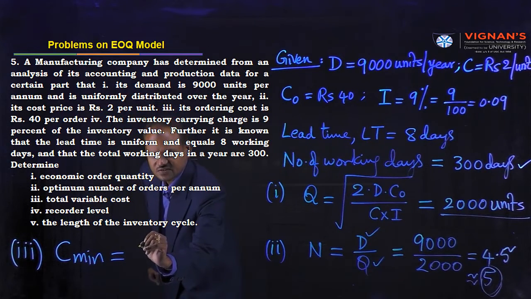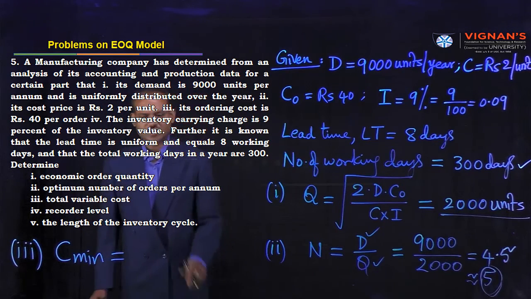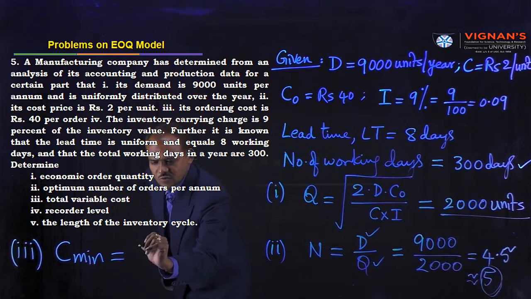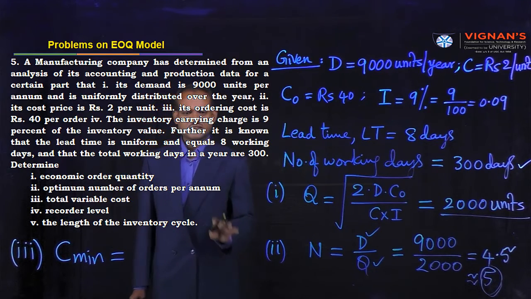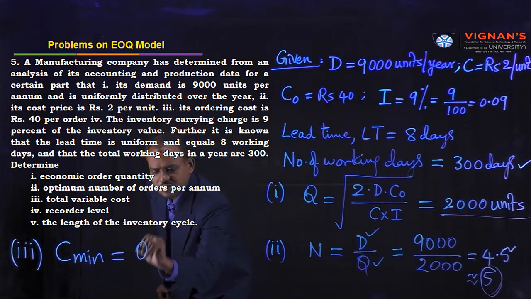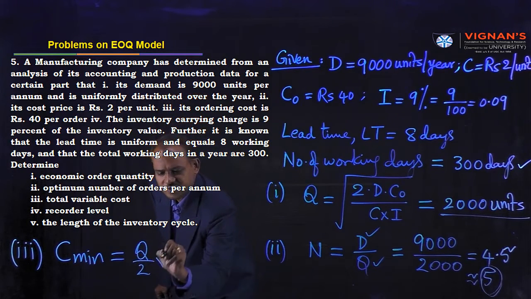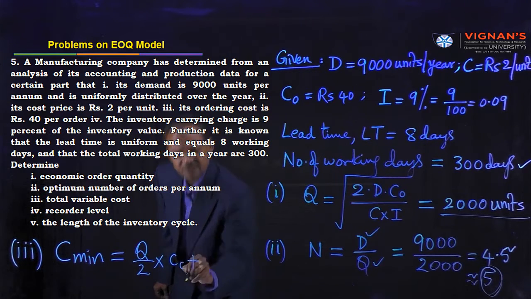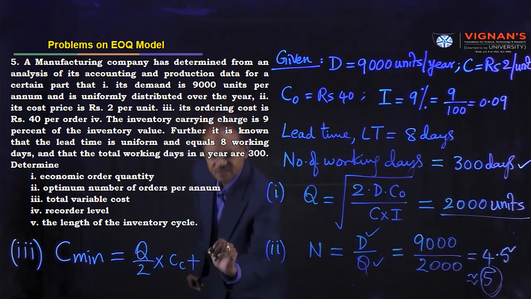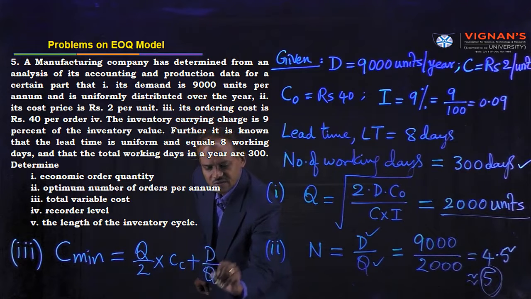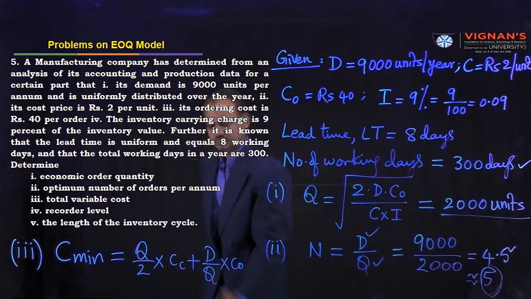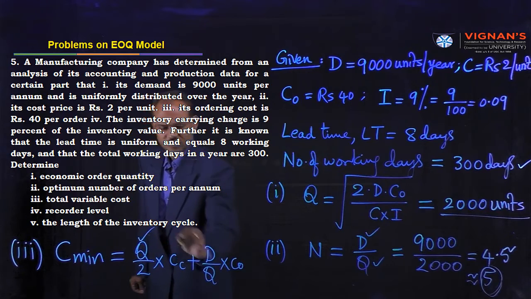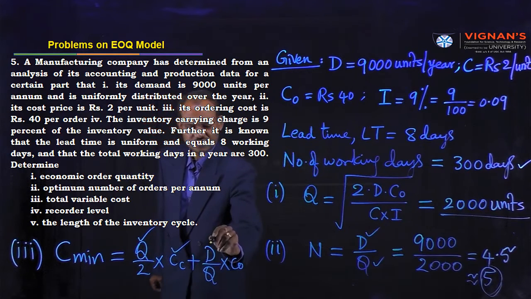That means there are two types of inventory costs. The first one is the total carrying cost, the second one is the total ordering cost. Total carrying cost is Q by 2 into CC, plus total ordering cost is D by Q into C naught. Every value is known to us.